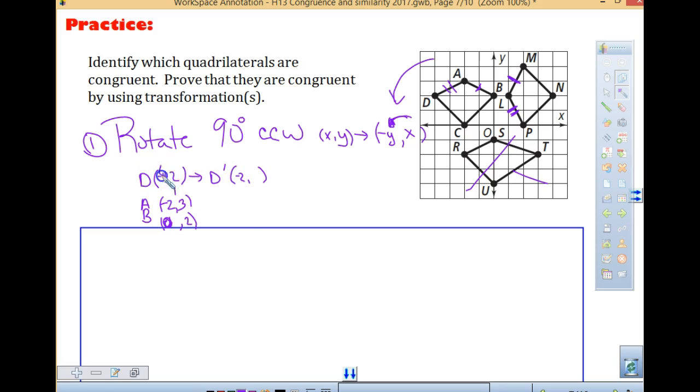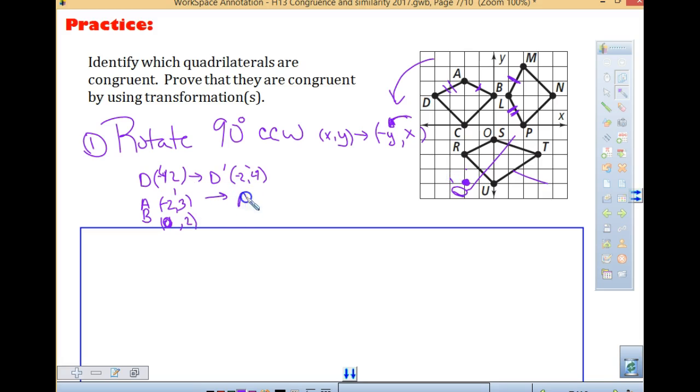Wait, that's a 4. Sorry, I was looking at it. Okay, should say -4, right? So -2. We're going over here, -2, -1, 2, 3, 4. That's my D prime.